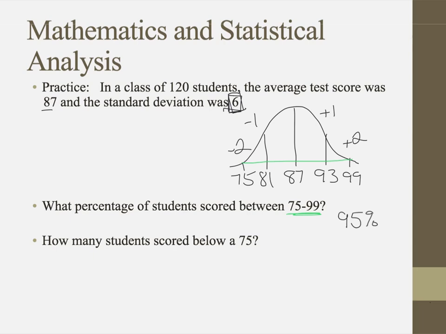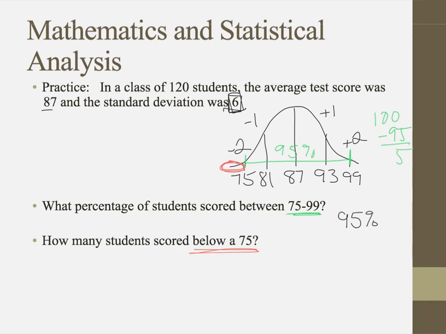Okay, now this question's a little trickier. It says how many students scored below a 75? Okay, below a 75 is represented by this tiny portion of our graph over here. And there are many different ways to figure this out. Bravo to you if you want to do it differently than me, as long as we get the same answer. So if I know 95% of my data goes to here and here, that means I have 5% of my data left unaccounted for.